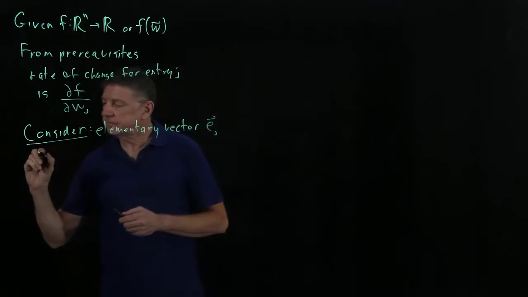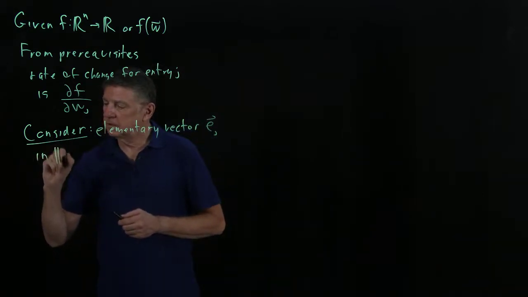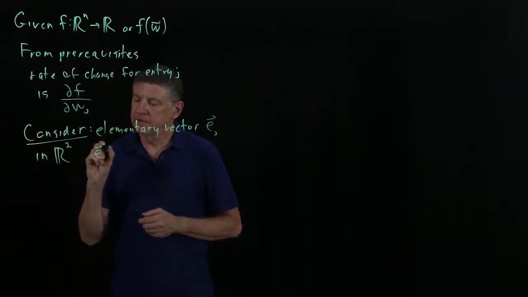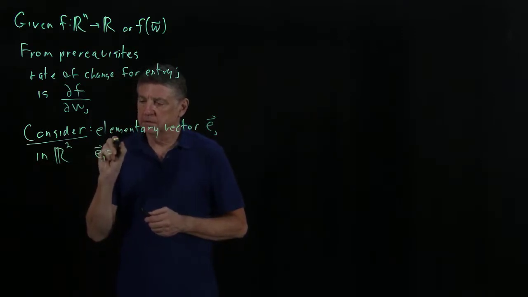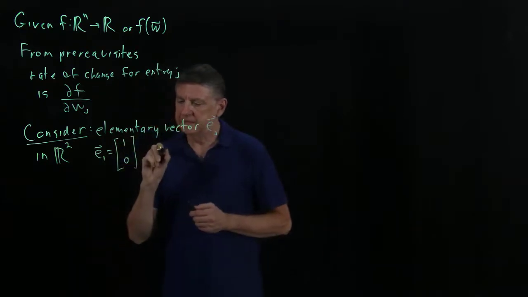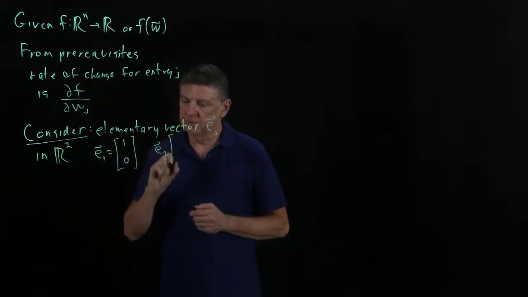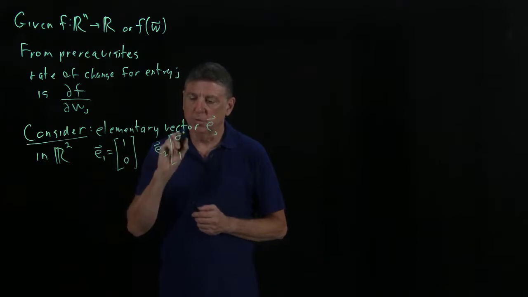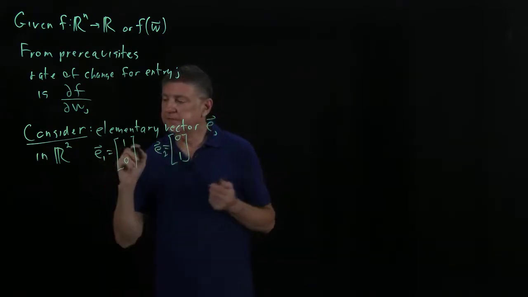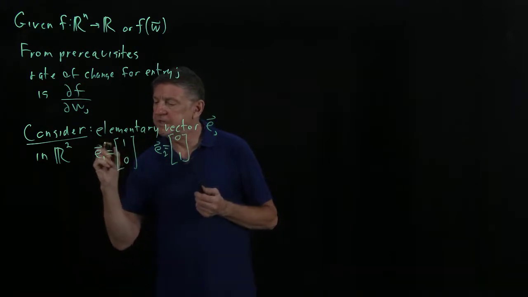So in a two-dimensional space, elementary vector 1 simply equals (1, 0), and elementary vector 2 simply equals (0, 1). That's relatively easy. If we want to, we could even say it is defined as.